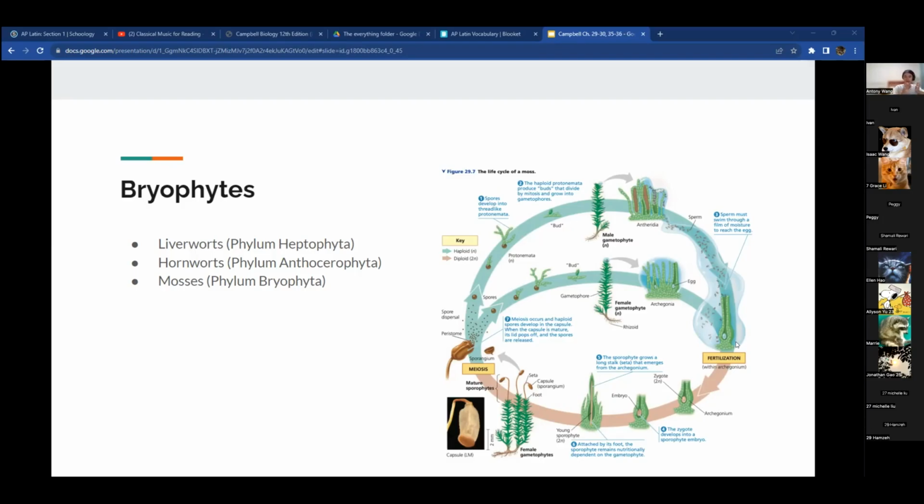Their gametes can't travel through the air, so there needs to be water. And bryophytes are thought of as the first step from green algae towards flowering plants, angiosperms, that we think of today when we think of plants.